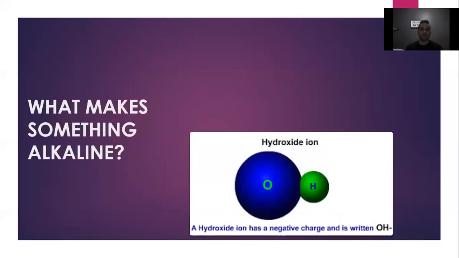Okay, so what makes something alkaline? If you look in this picture, we have another molecule here, or we'll call it an ion because it has a charge. It's called a hydroxide ion. Okay, a hydroxide ion has a negative charge and is written OH negative.